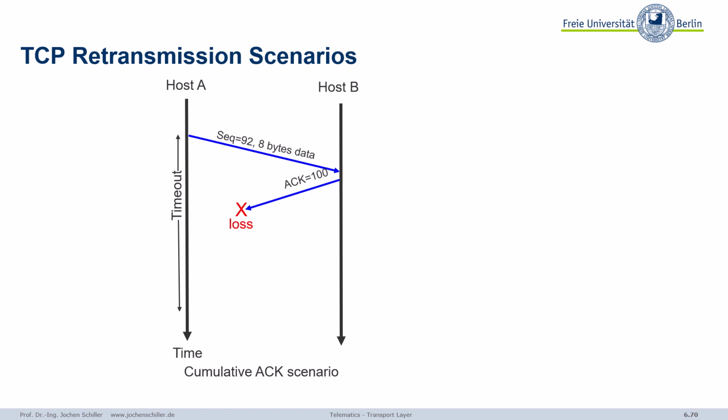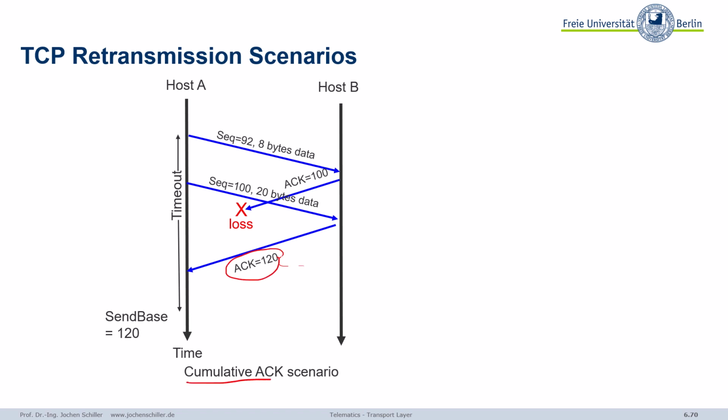What else can we do? If we now send our 8 bytes again, we lose our acknowledgement for this. I send the next 20 bytes. I receive the acknowledgement, which is automatically a cumulative acknowledgement.